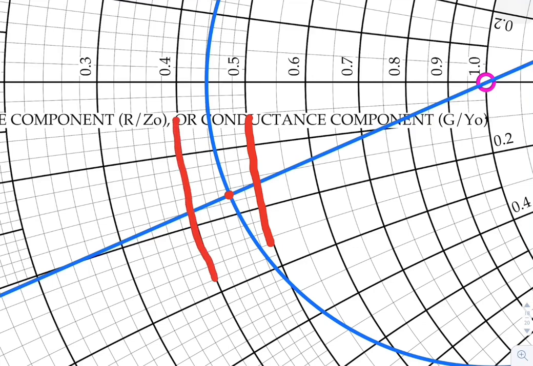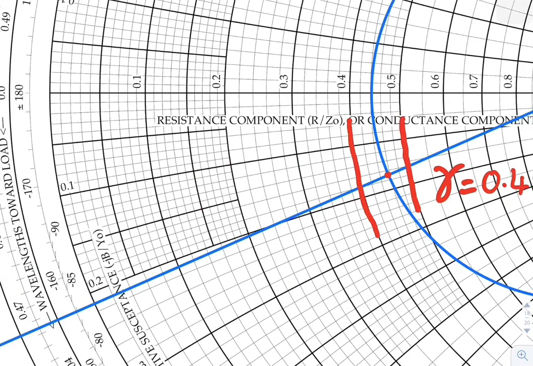Therefore this point is r equal to 0.458, and the point for x is in between these two lines.